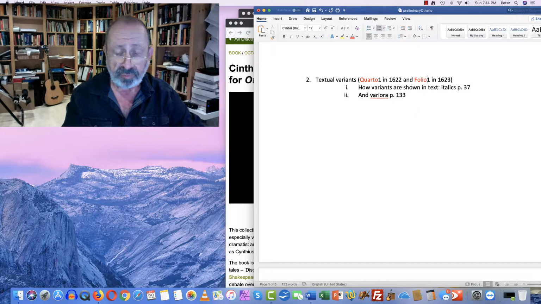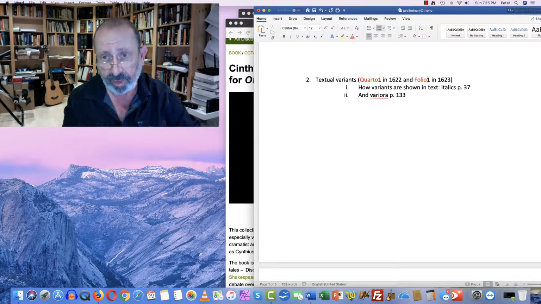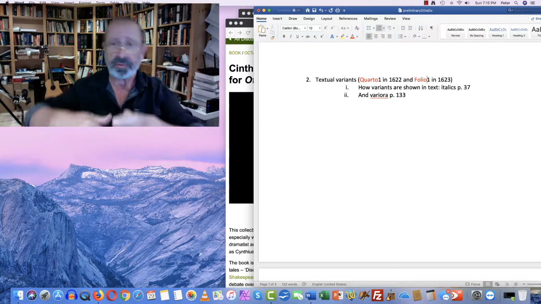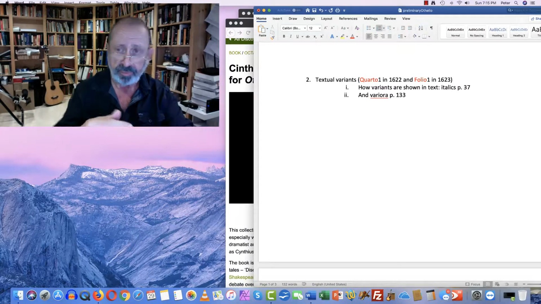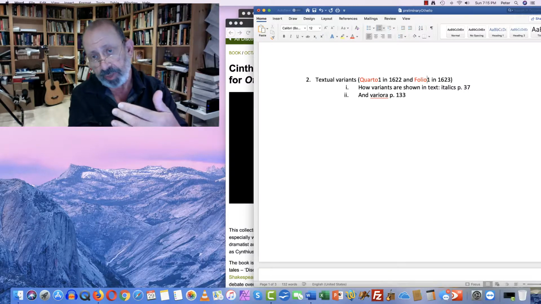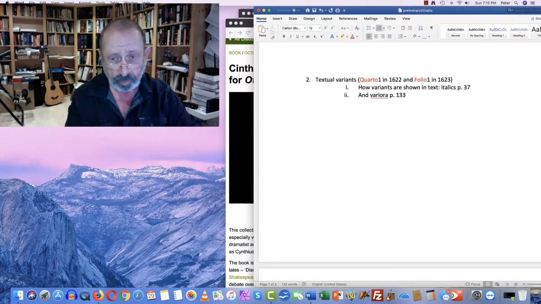That basically is a reference to how the pages were folded when the book was made. That's all it means. So a quarto is where a large sheet of paper would be folded once and then folded a second time, so that each sheet of paper gives you 4 pages on one side and 4 pages on the other side. I'm going to try to provide a link so that you can see how quartos were basically made.